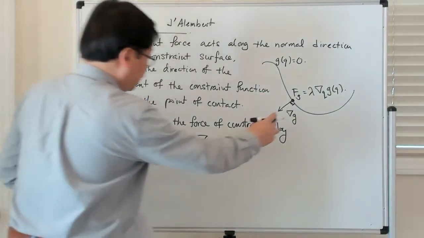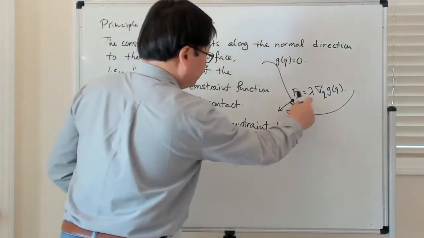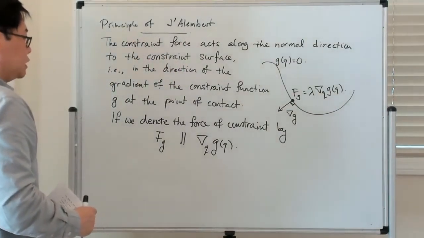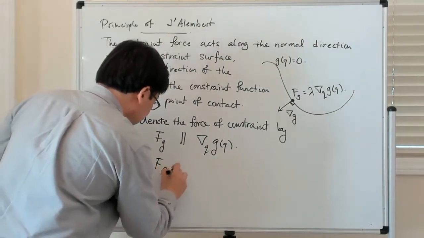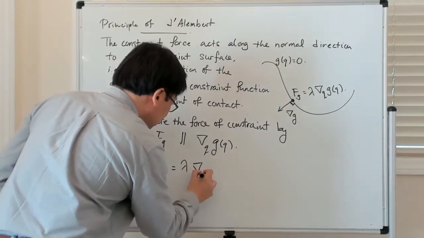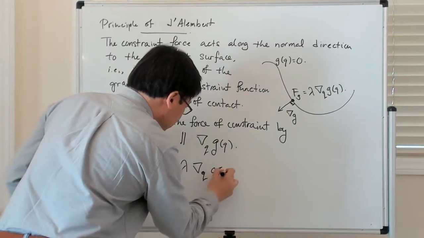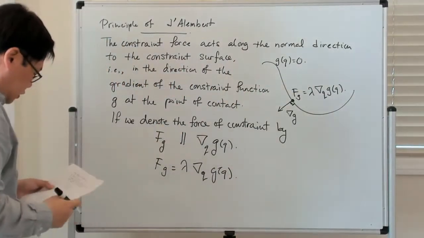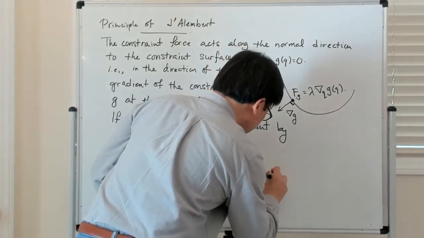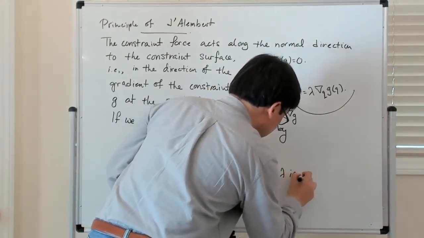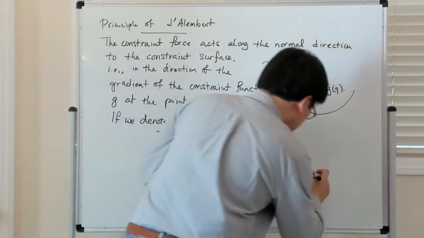Or if you prefer, with an appropriate scalar factor lambda, Fg is equal to lambda gradient of g at q, which is what I drew over there, where lambda is a scalar.